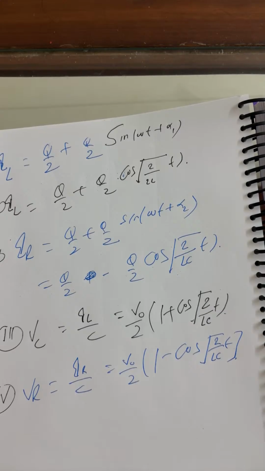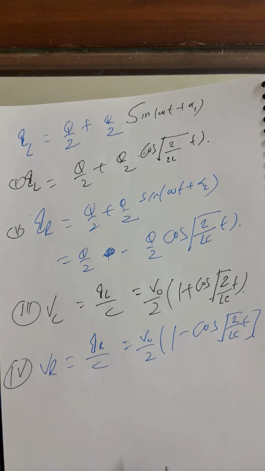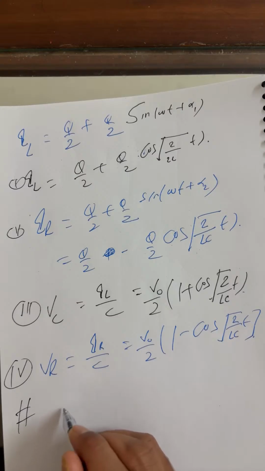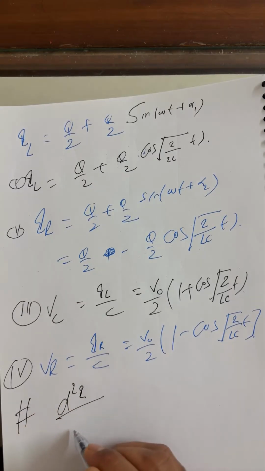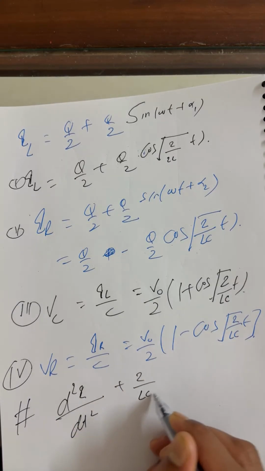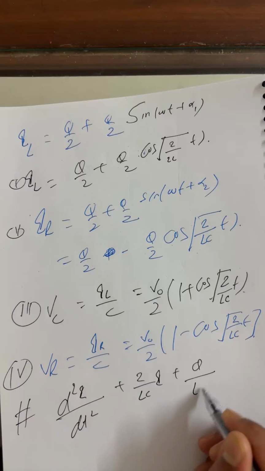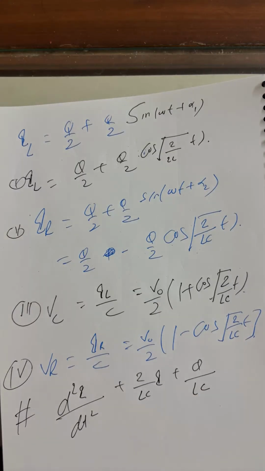Finally, just differentiate one more time here. This is the equation which I differentiated here only, but this same equation differentiate once again. So we can get d2q by dt square, twice upon LC, plus q upon LC, right?